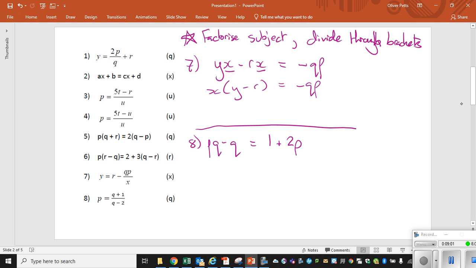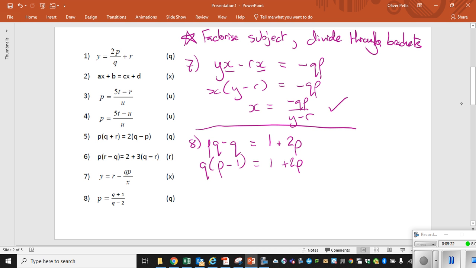On question 8, factorising our subject. And then we divide through our brackets. So our subject is times y minus r. I'm going to divide through by y minus r. And we've made x our subject.